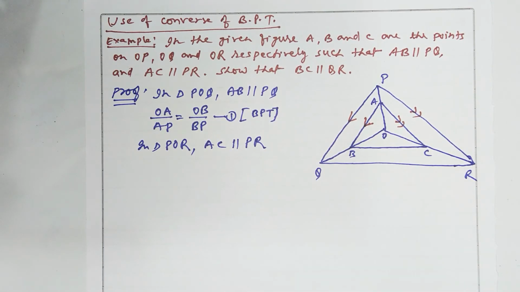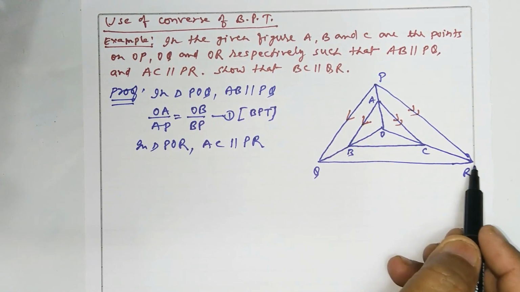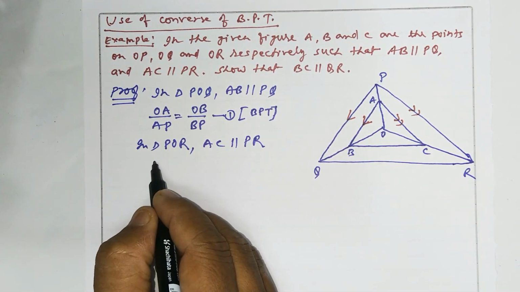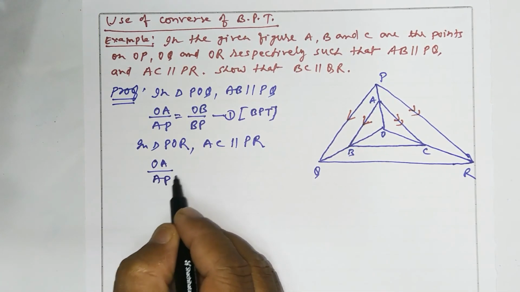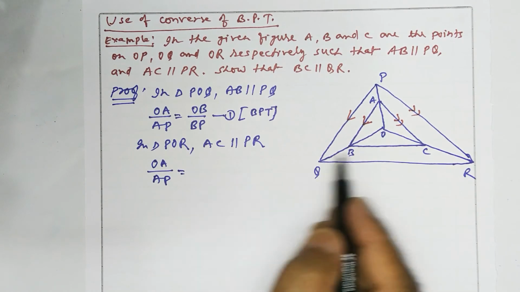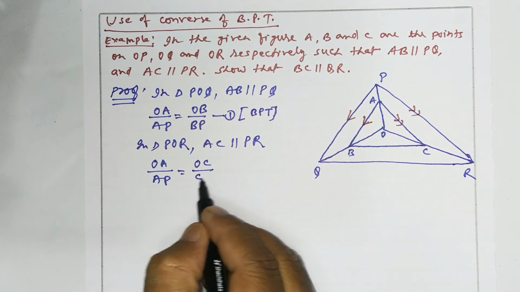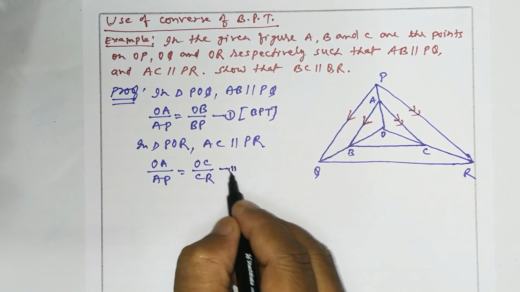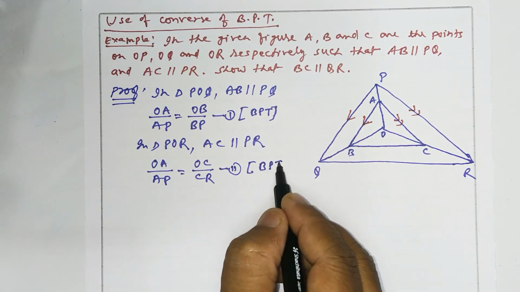So again by using BPT, OA by AP equals OC by CR. This is equation number 2. Again this relation we have written using BPT.